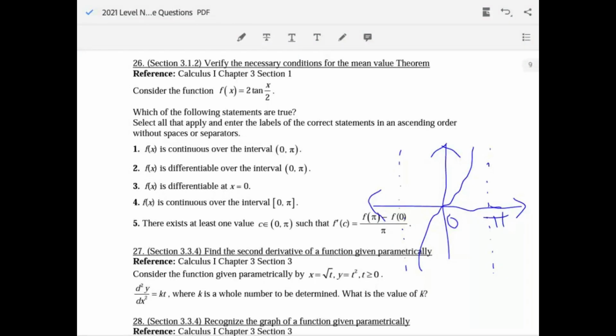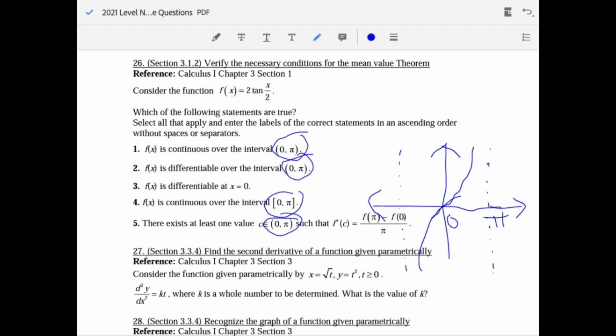Okay, so for number 26, they give us a tan function and ask about its continuity and differentiability. They ask for the intervals 0 to pi. At 0, it's actually pretty normal; the function just looks like a polynomial function.